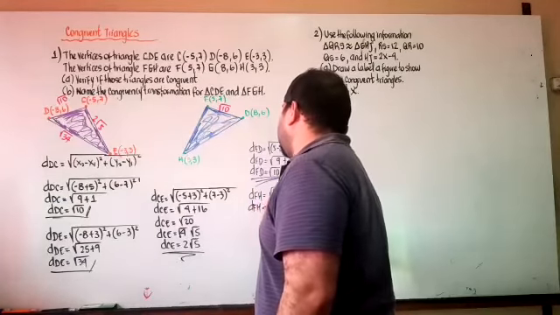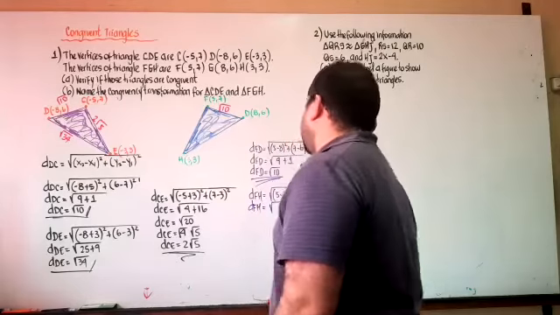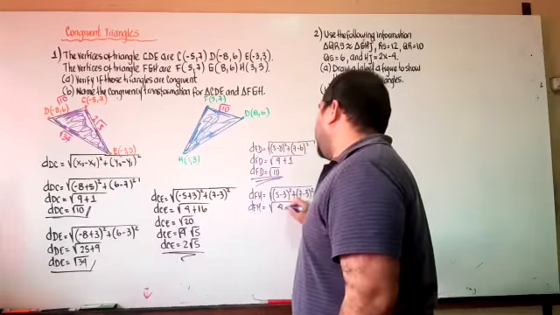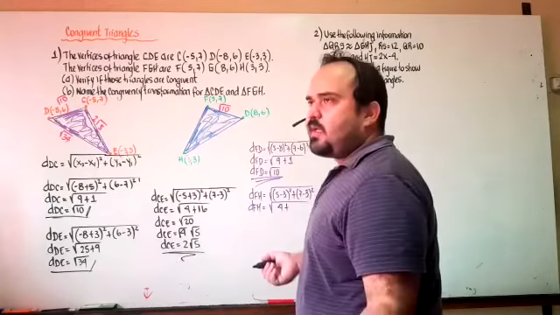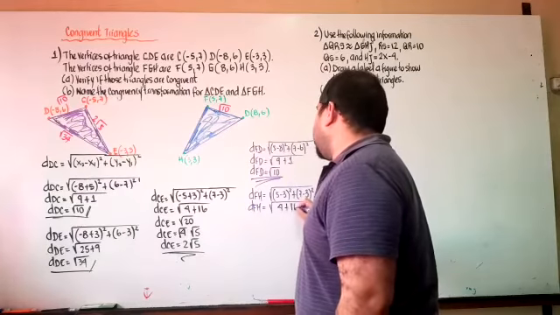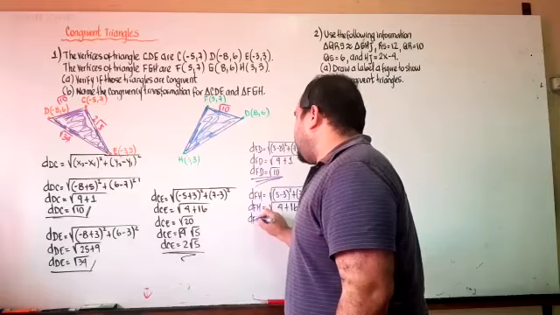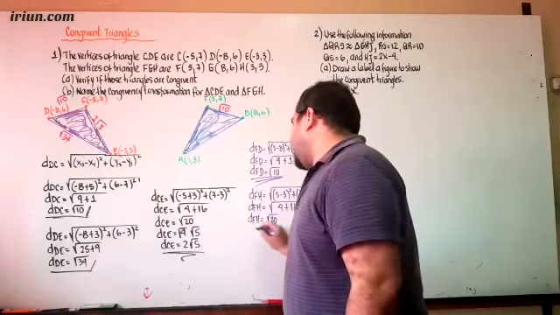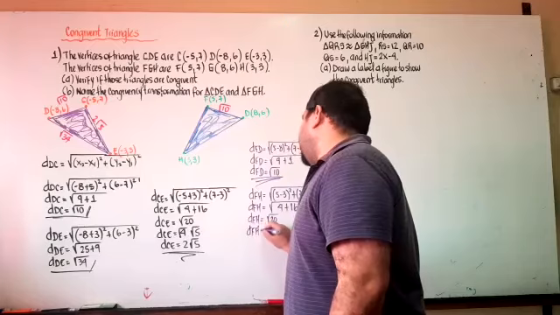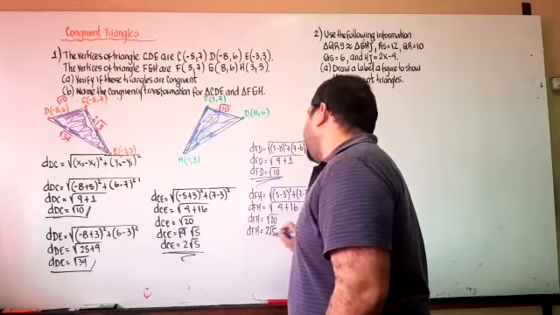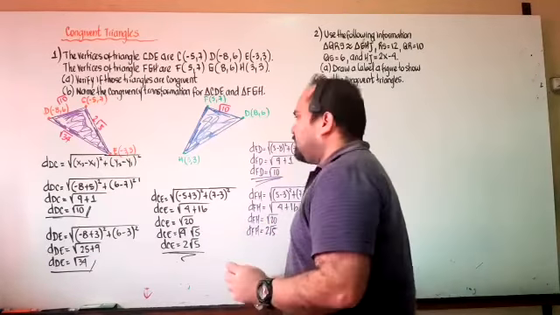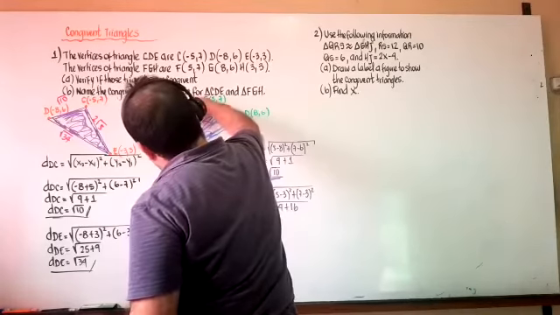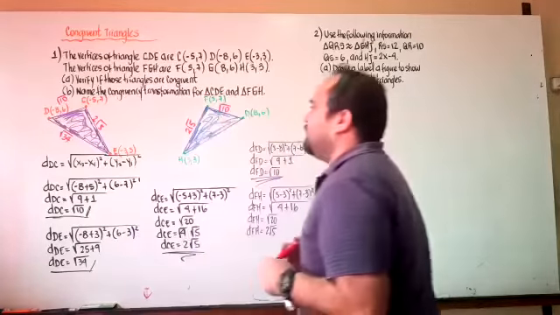So in this case 5 minus 3 is 2. 2 second power, 4, plus 7 minus 3 is 4. Second power, 16. So this is going to be the square root of 20. And at the same time over here it will be 2 square root of 5.